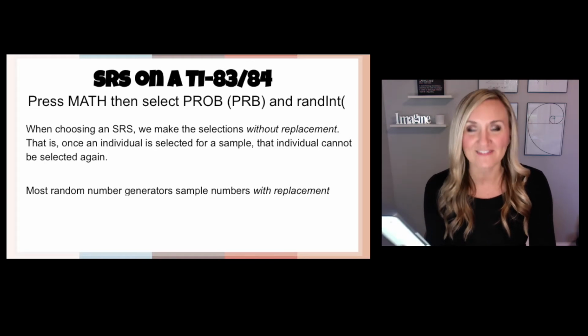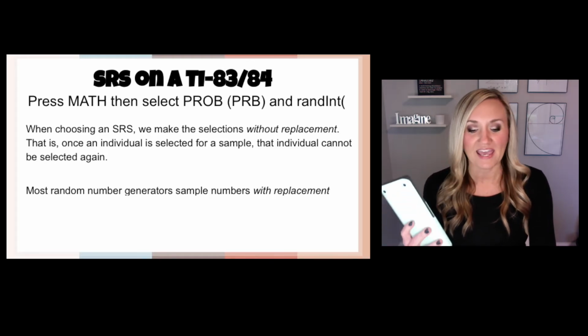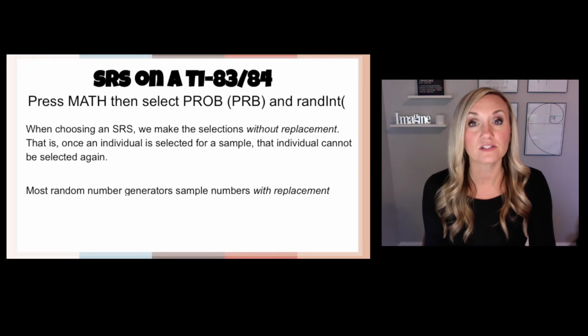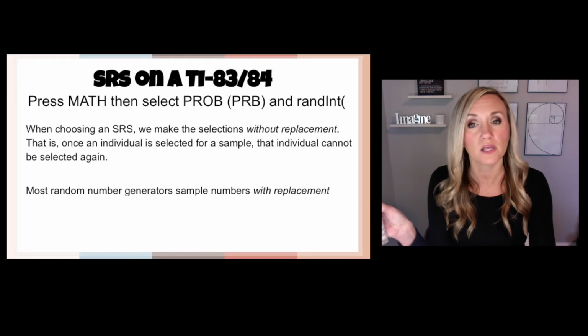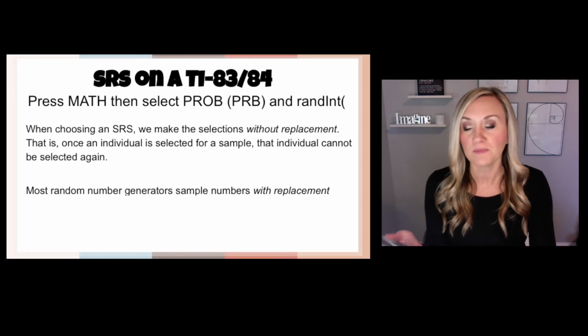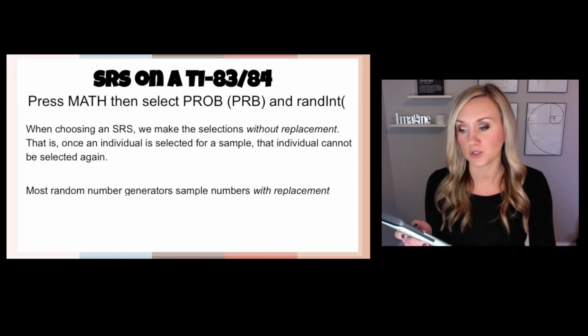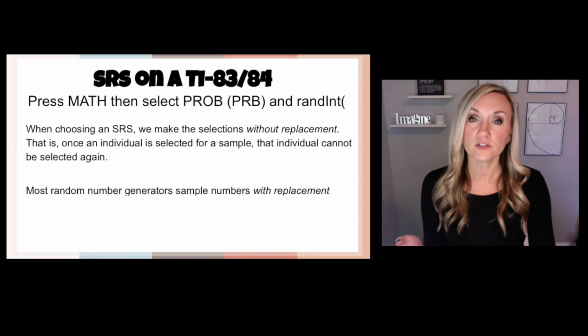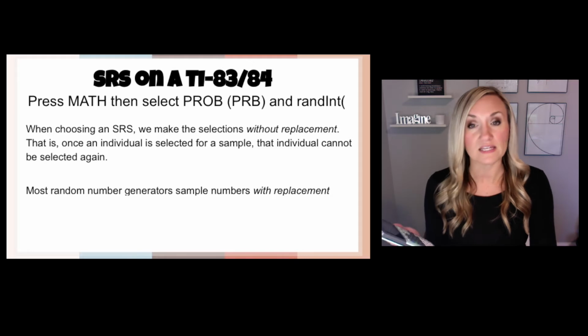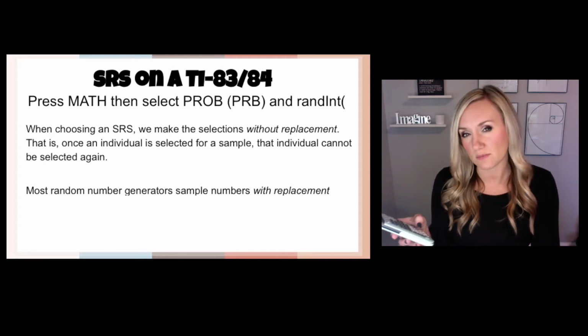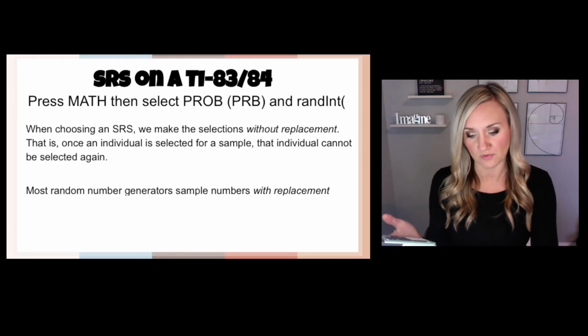Grab your graphing calculator, and let's start off with the math button. The math button is below your second key, and then we're going to tab over to the probability menu. For me it's option 5, randInt, so I'm just going to hit 5.